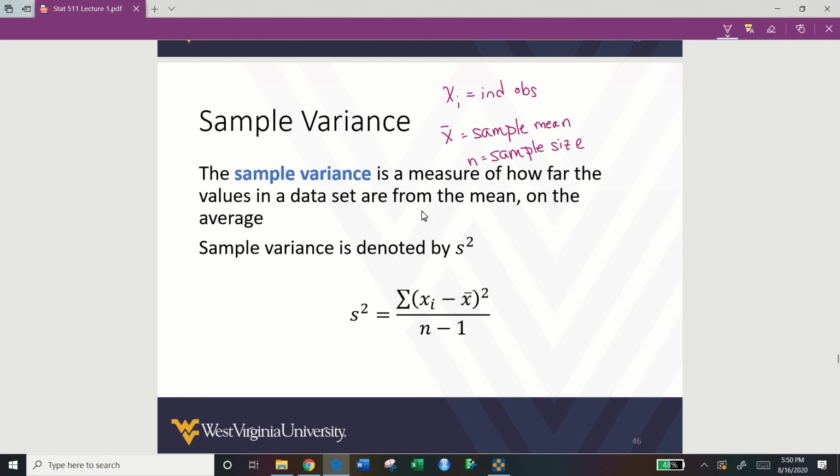So what we do is we square it, because once we square anything, it becomes positive. So that gives us a way to measure distances uniformly, whether something is below or above. We can get rid of that negative sign and just say, okay, what is the actual distance from the mean? And then we divide it by our sample size minus 1.